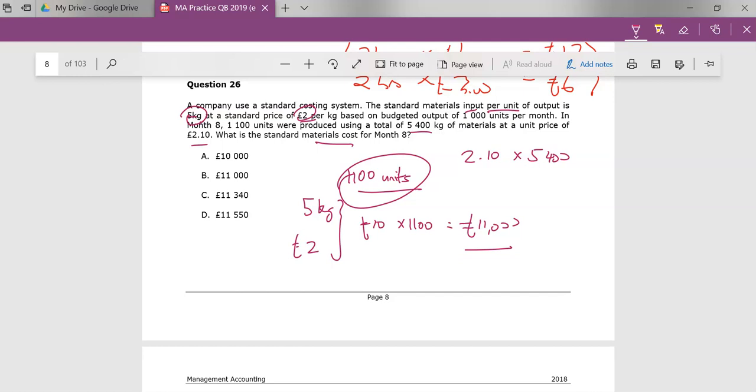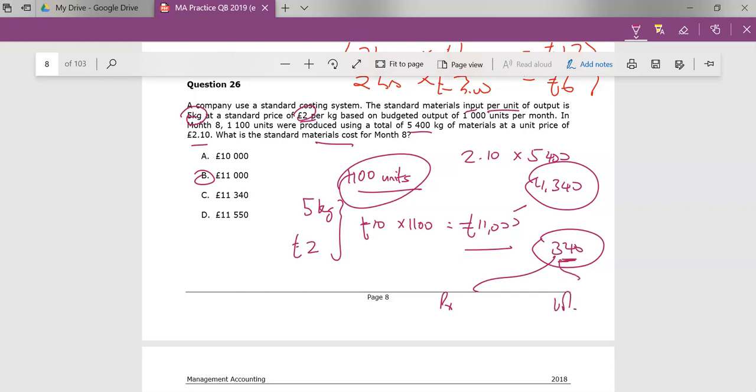The answer here is B, by the way. So £2.10 times 5,400 is 11,340. This is what you actually spent, and so the variance is 340. Most of the tasks we see are about how to break this 340 into just the price variance and just the volume variance.